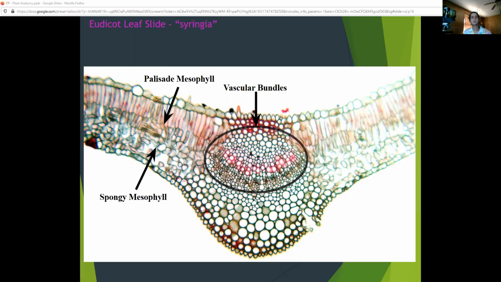I unfortunately don't have that with me today, but I have a very similar specimen. You can see palisade mesophyll on the top, very organized, spongy mesophyll on the bottom, and then in the center, vascular bundles. Let's go back. So let's take a look at a real life example of this.